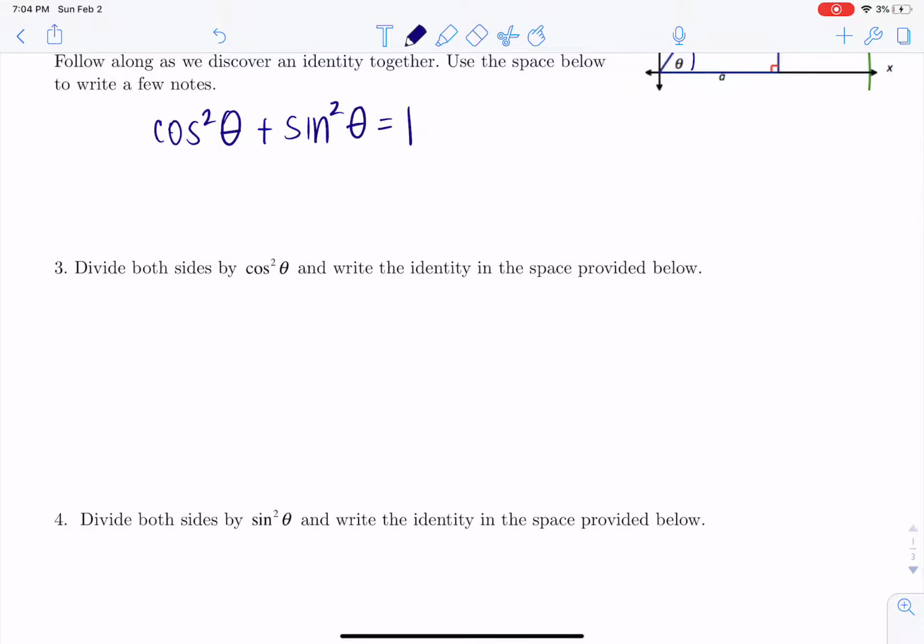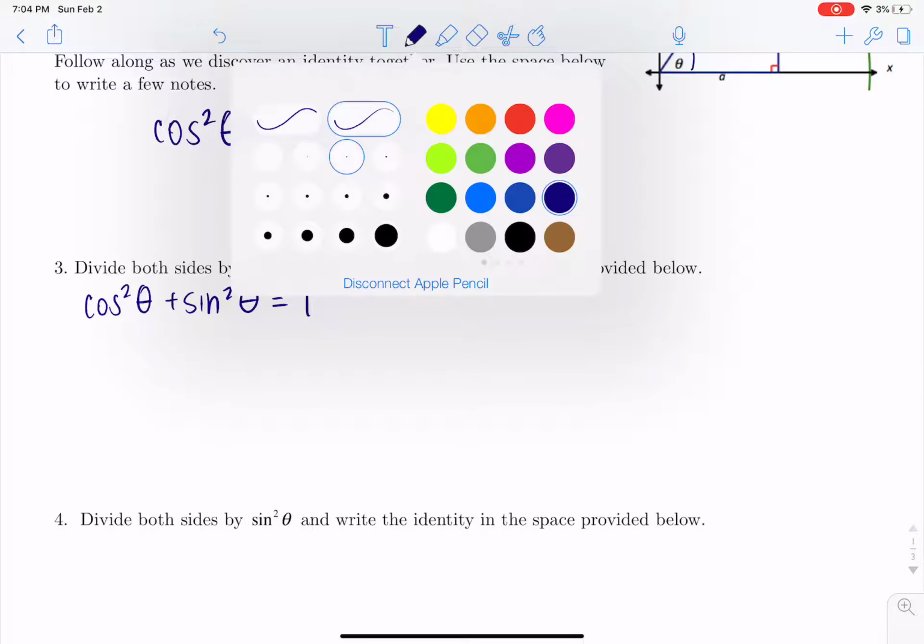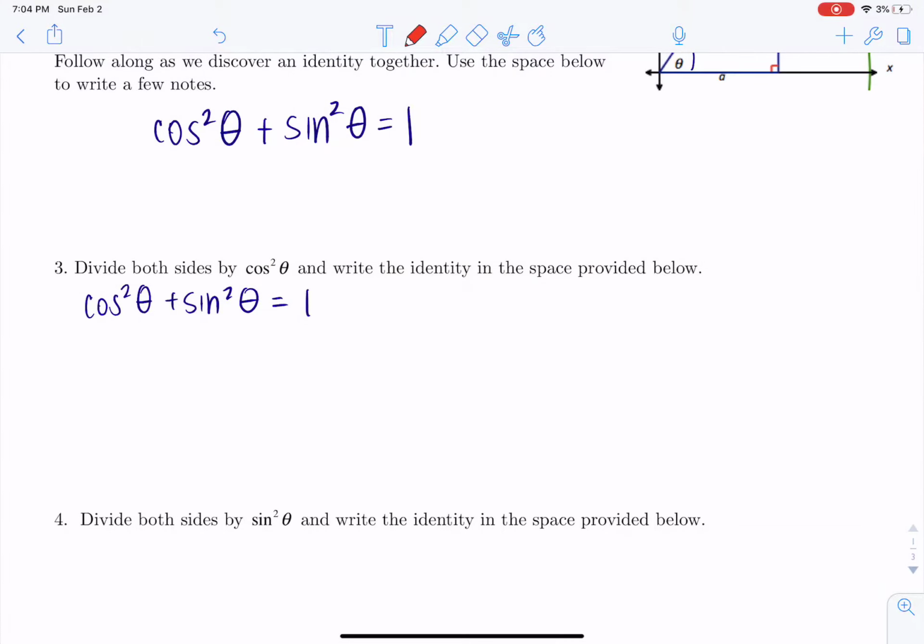Part 3 says to divide both sides by cosine squared and write the identity in the space provided. So I have cosine squared theta plus sine squared theta is equal to 1, and we'll do this in another color. This is asking me to divide everything by cosine squared theta.